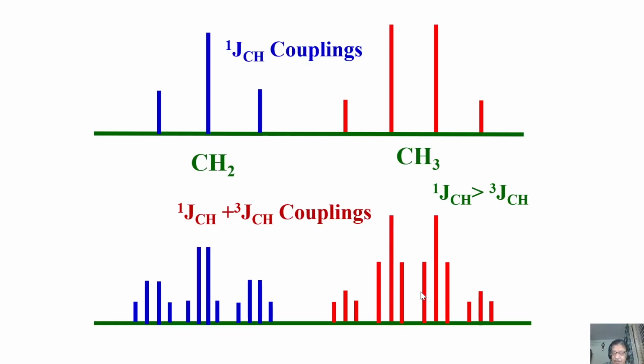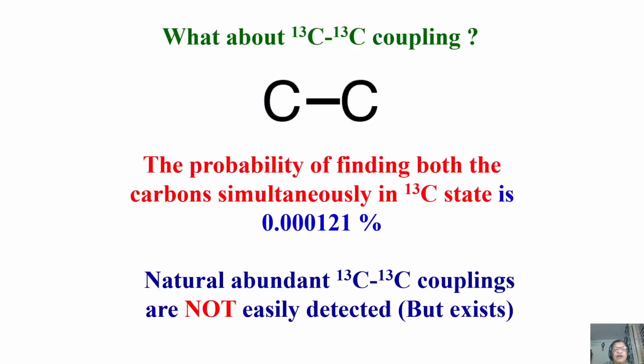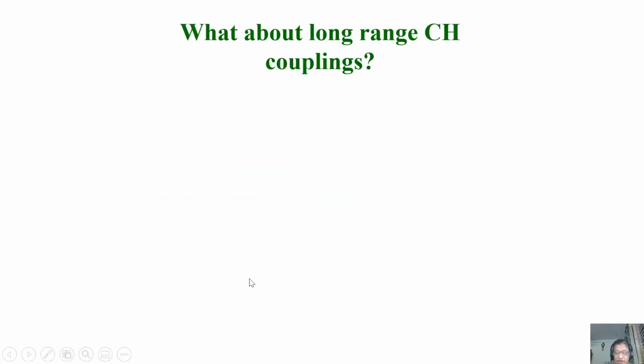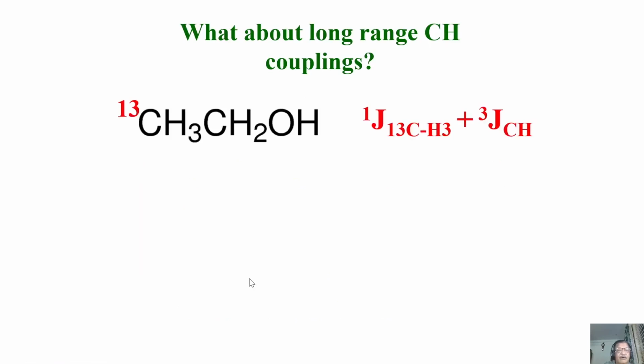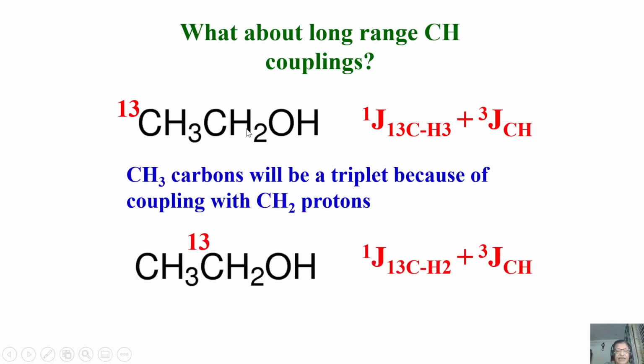So what is happening is, long-range CH couplings are also possible. If I look at a molecule like this, we have a directly bonded carbon-proton coupling, which makes this a quartet, and it also has long-range proton coupling to this carbon, which makes each lane of this quartet into a triplet. Exactly the same here. It will be a triplet of quartets.